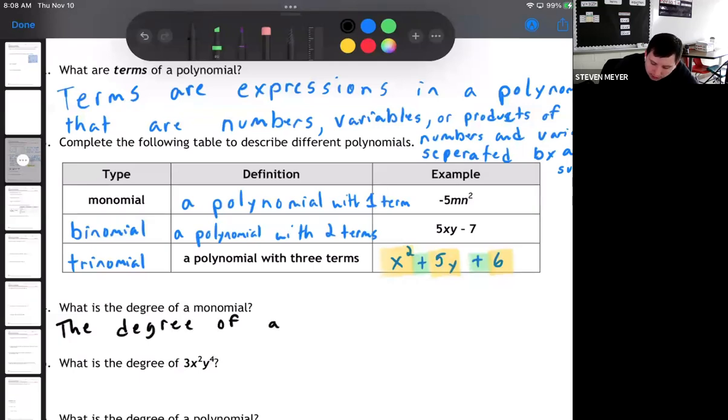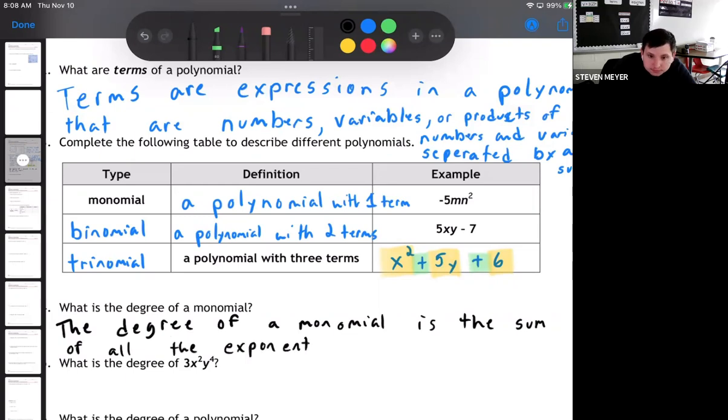So the degree of a monomial is the sum of all the exponents for each variable.